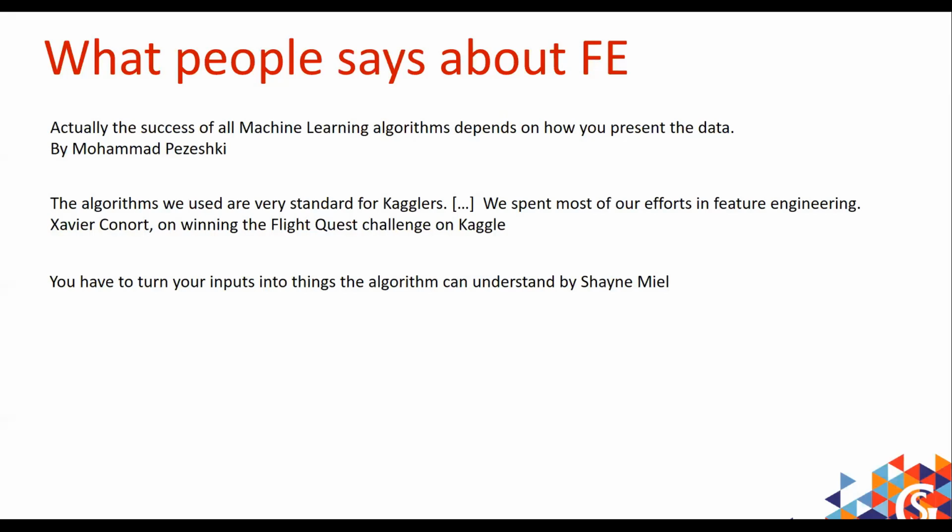The algorithms we use are very standard for Kaggle. Kaggle is a site at kaggle.com. If you go there, you get many different data sets available, and there are many competitions within that Kaggle community. There you can get a data set in the form of CSV, and the data is not that scattered.